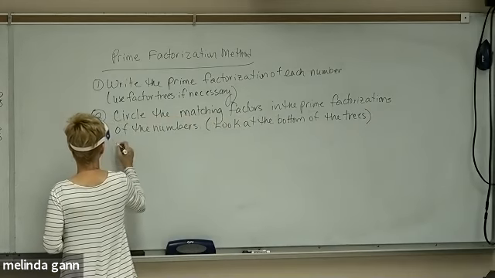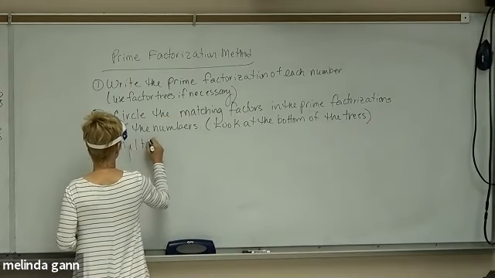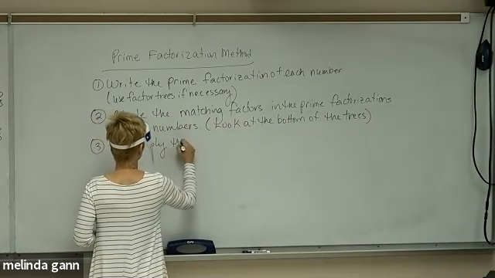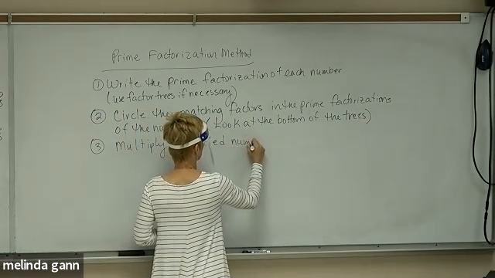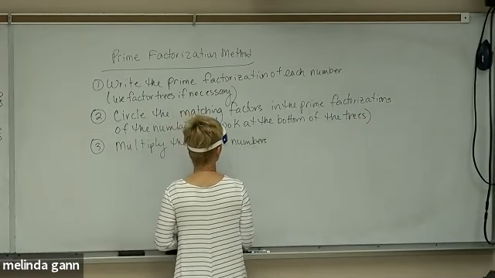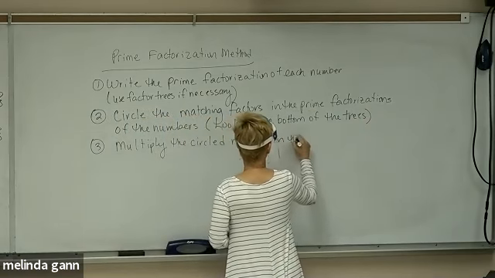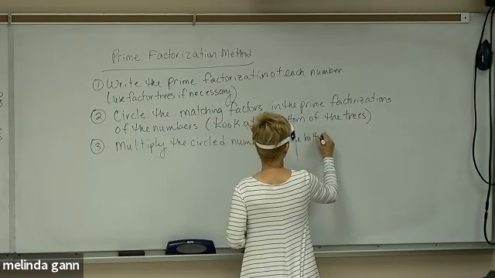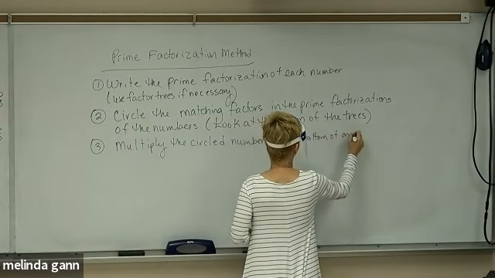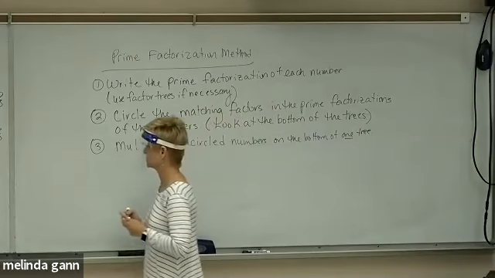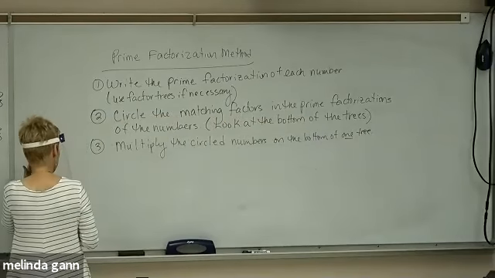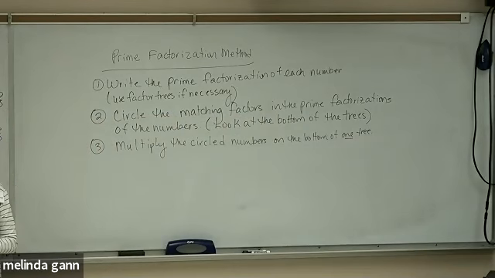And then what I want you to do is multiply the circled numbers on the bottom of one tree. Now you write that down there and then I'll show you what I mean.